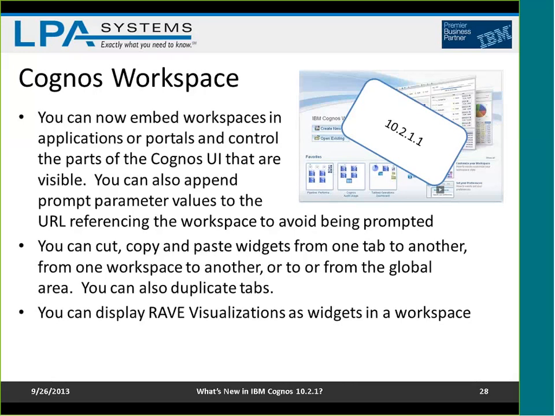So when you apply the FixPack, you'll find that you've got capabilities now in Workspace that allow you to duplicate tabs, copy objects from one tab to another, or from a tab to global and back. And the support for Rave visualizations as widgets in a workspace is part of 10.2.1.1, because now the visualizations are more pervasive after applying the FixPack, and that includes being usable as a workspace widget.